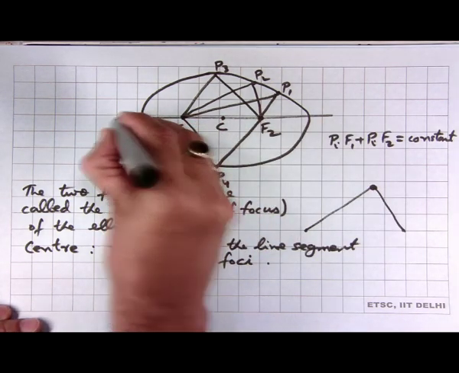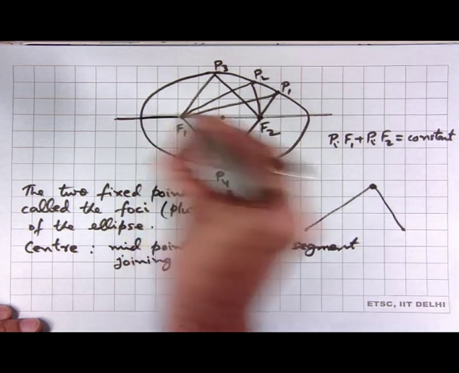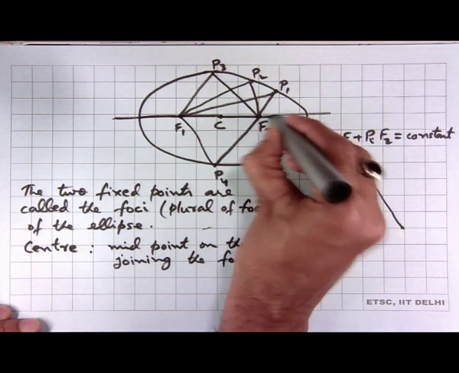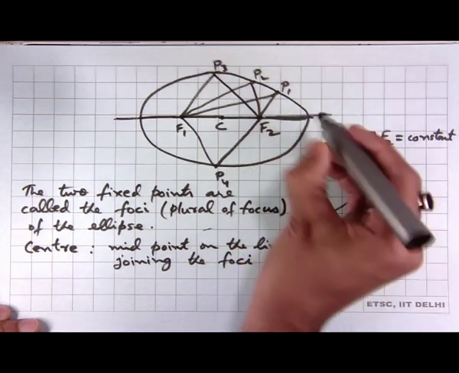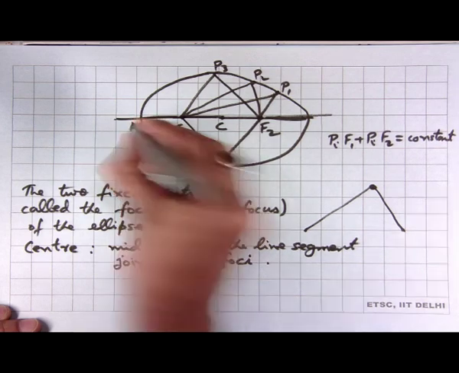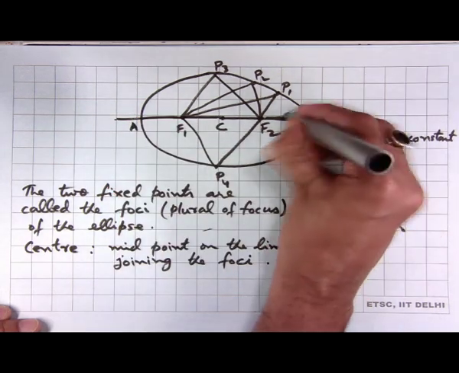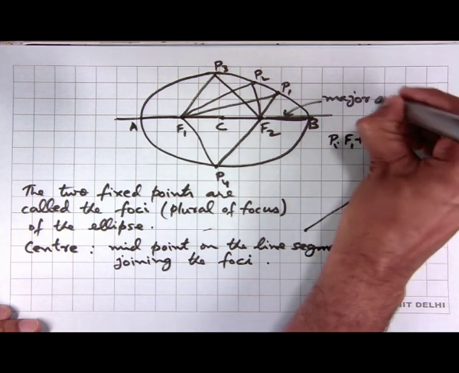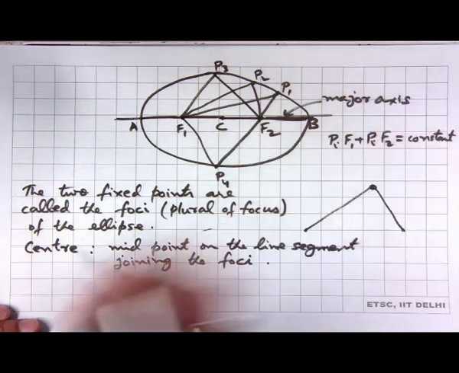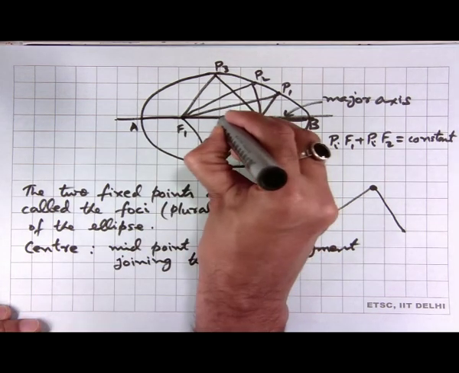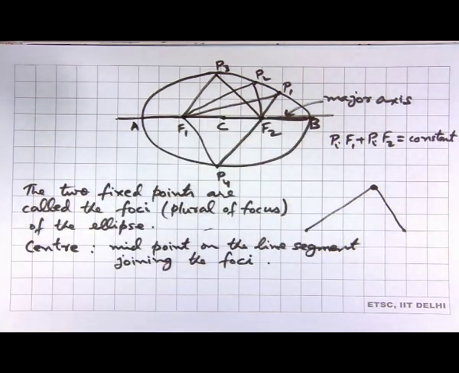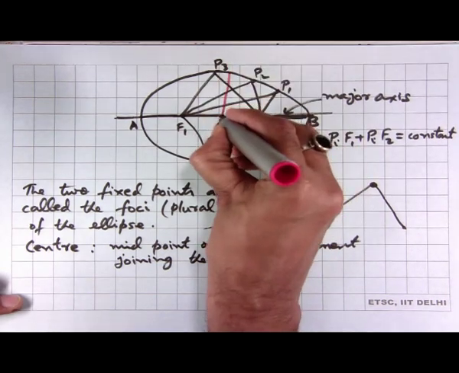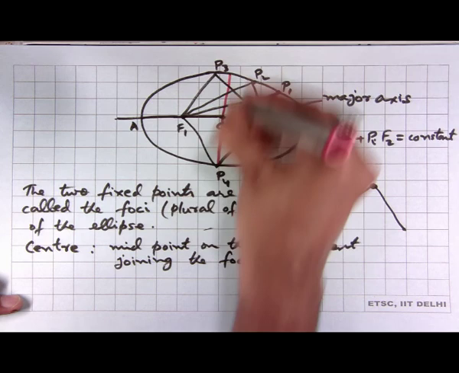Also, if I look at the line passing through these two foci, let me call these A and B, this is called the major axis. And the line segment which is perpendicular to the major axis and passing through the center is called the minor axis.